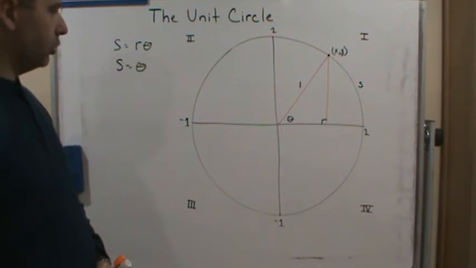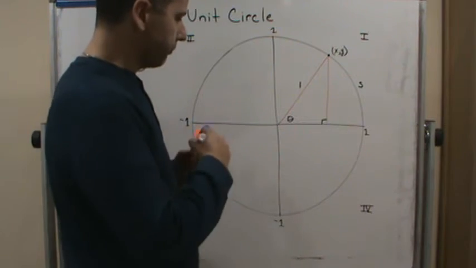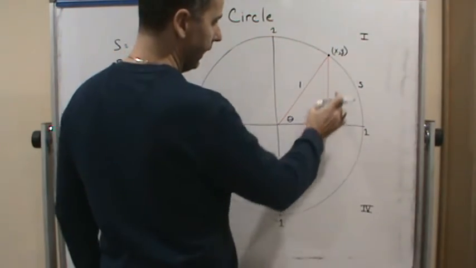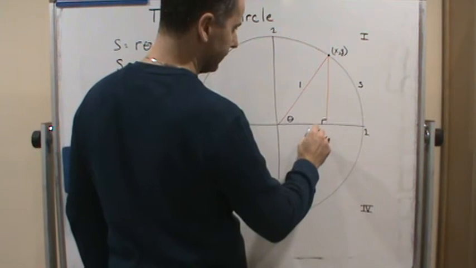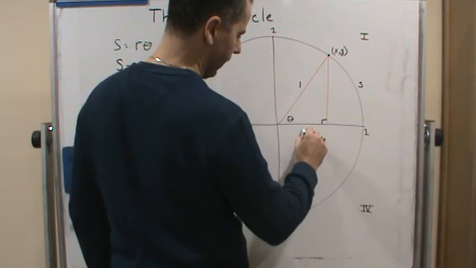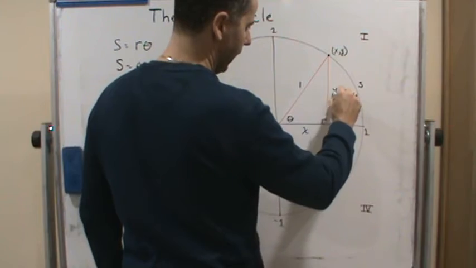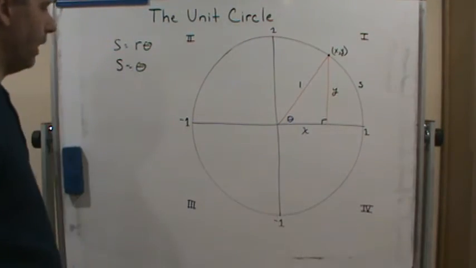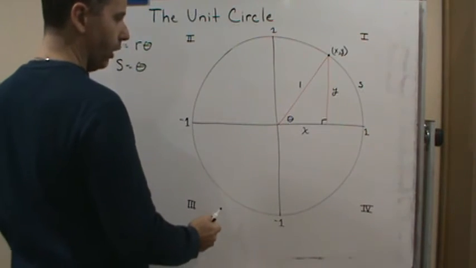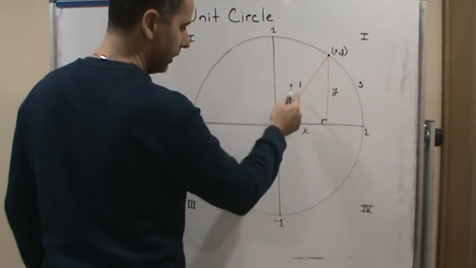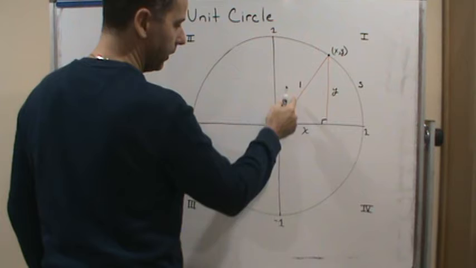Okay? So if we apply the x coordinate here, so how do we get the x coordinate? So the x coordinate is this coordinate, right? So we've got x and then we've got y, right? And so how can we define x? Well, we can use what trig function?